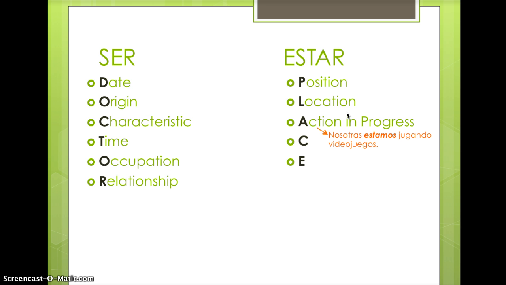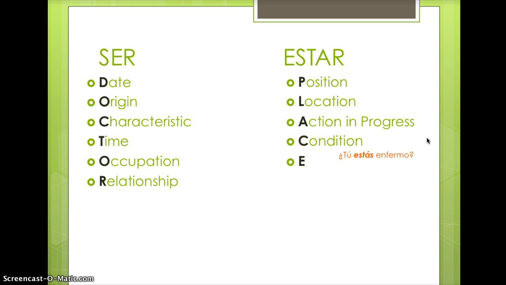So it's just like adding an ing. Adding that ando is like adding an ing. So that's what an action in progress is. And really, unless you're a native speaker, you're always going to put those andos and those endos with the verb estar. Estoy leyendo, estoy escribiendo, estoy estudiando.